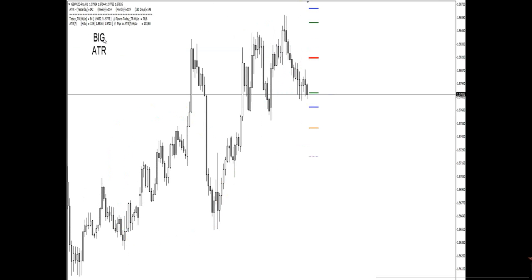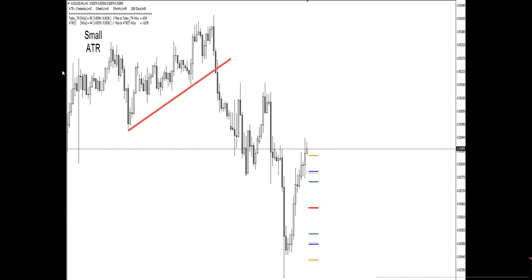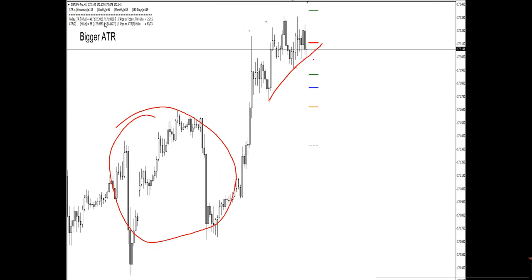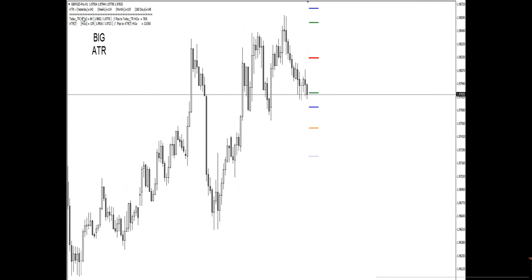Now, this is big ATR, 140. And now consider this is August. And in August, if you find a pair which are basically moving more than 60 pips of ATR, that is okay. And we can see that GBP New Zealand is moving with a huge ATR, consider it's August. 140.